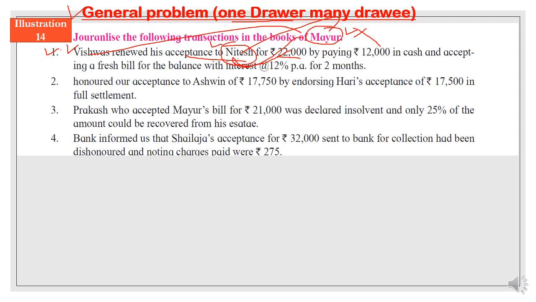So now, students, if Mayur has not framed any bill for getting the payment from Vishwas, and he just hands over the bill which was prepared by Nitesh and given to Mayur, then in this case this bill is a bill payable for Mayur. It is not a bill receivable, because that was prepared by the creditor of Mayur.